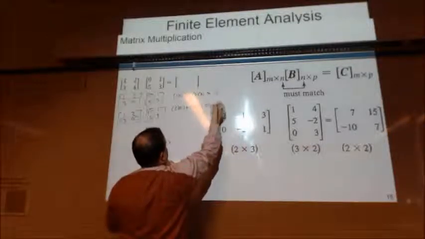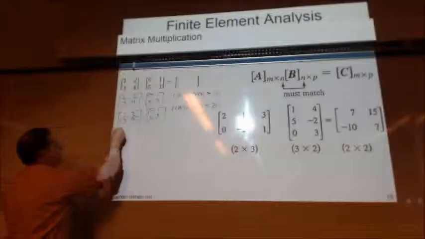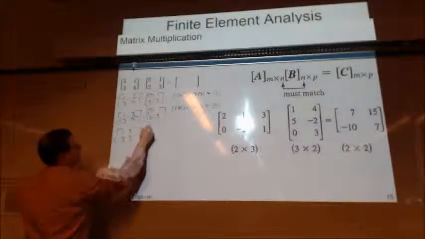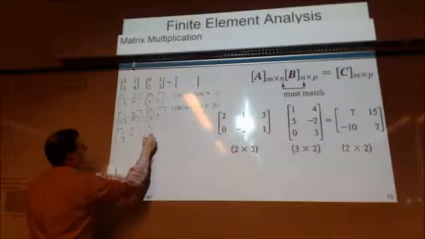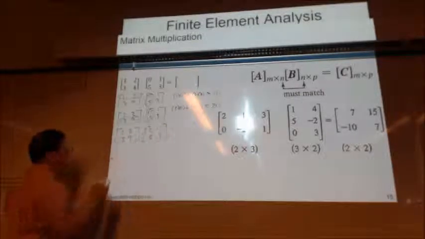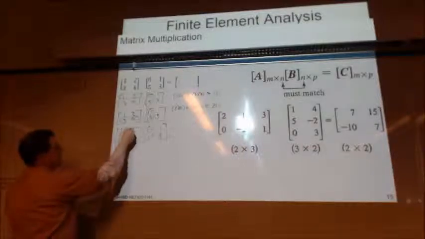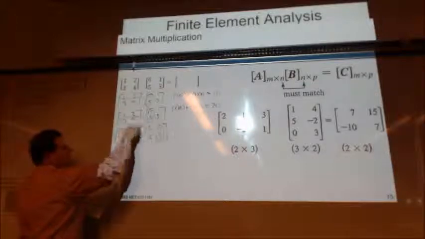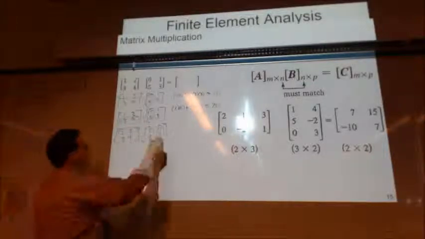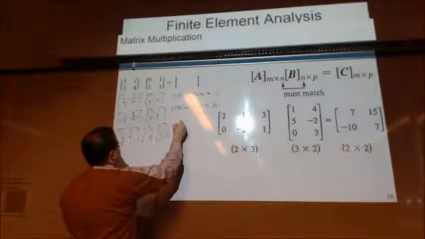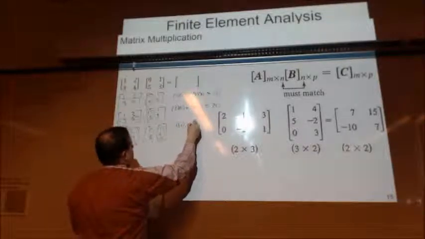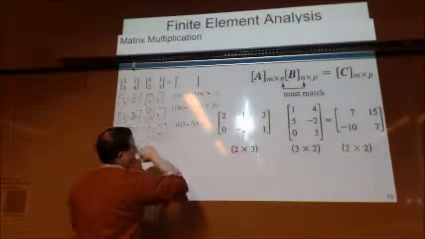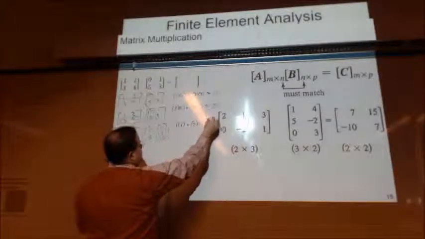So that's what, 20? 1, 2, 3, 4. So now let's go back to this row and this column. So this will be 1 times 1 plus 2 times 3. So 6, so what's that, 7?